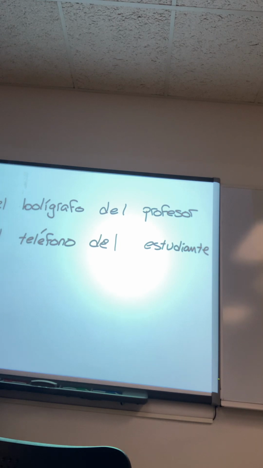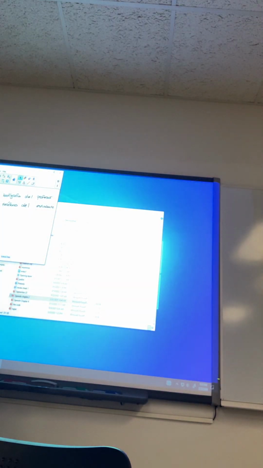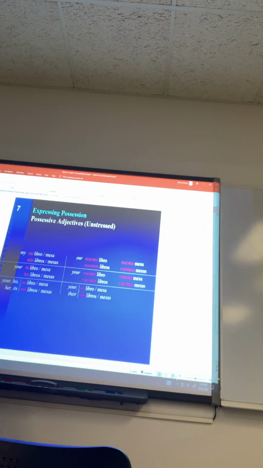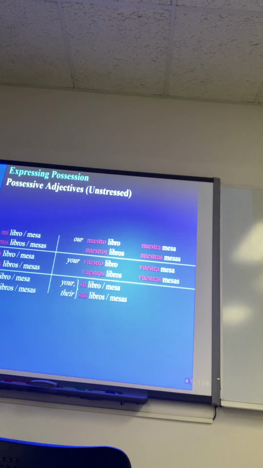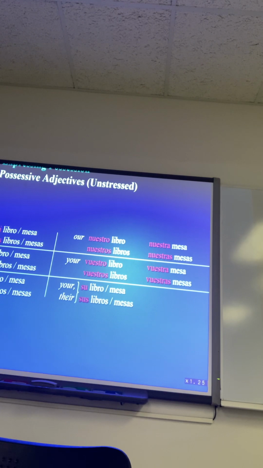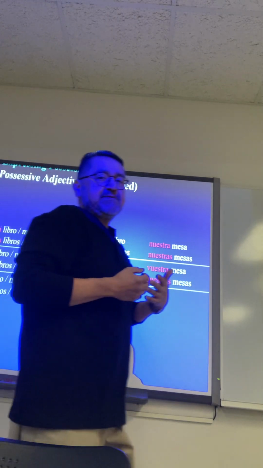Then, the last way that we form possessives in Español are possessive adjectives. And we do this in English also, where we use the word my, or your, or our.